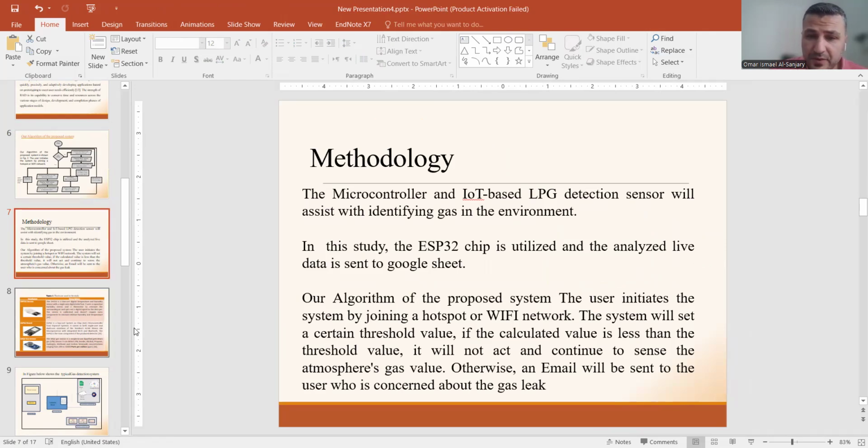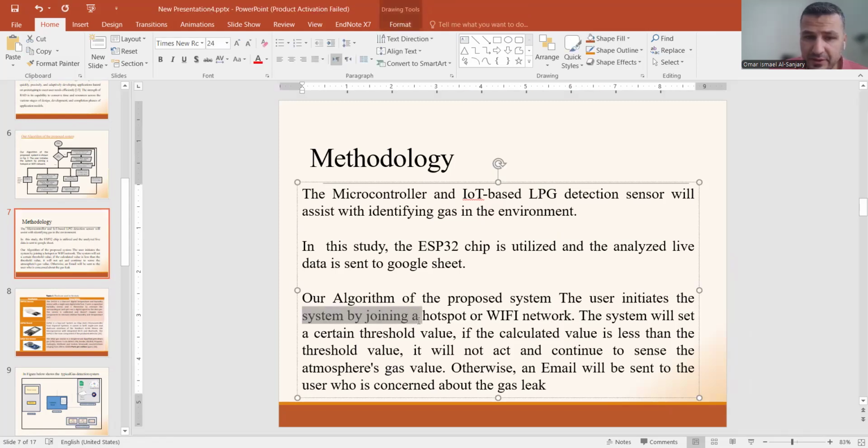Our proposed method initiates the system by joining the hotspot or Wi-Fi network. The system will check a certain threshold value. If the temperature of the gas is higher than the threshold, it is going to send an alarm to the user.